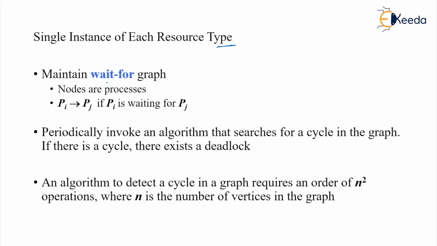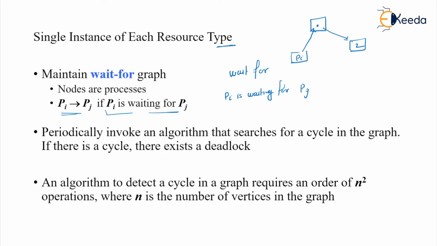We'll maintain another graph called a wait-for graph. In a wait-for graph, an edge Pi to Pj means Pi is waiting for Pj's resource. If a resource is claimed by Pi and allocated to Pj, then Pi will have an edge to Pj.